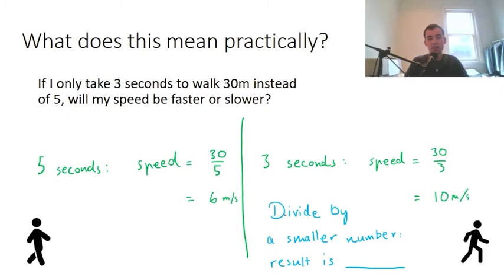So hopefully you can see, if I divide by a smaller number, the result is bigger. If I take less time to do something, the number on the bottom of the fraction is going to be smaller. So that means my speed has to be faster.